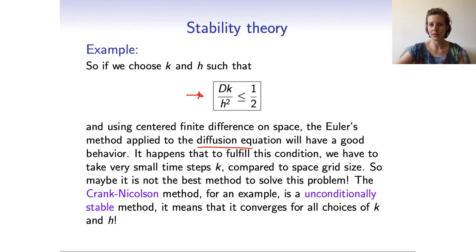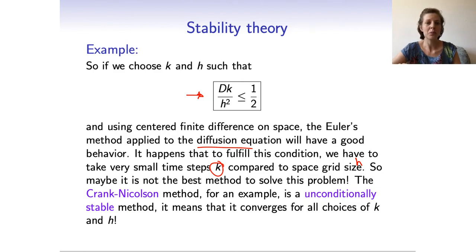It happens that to fulfill this condition, we have to take very small time steps K compared to space grid size H. So maybe it is not the best method to solve this problem.